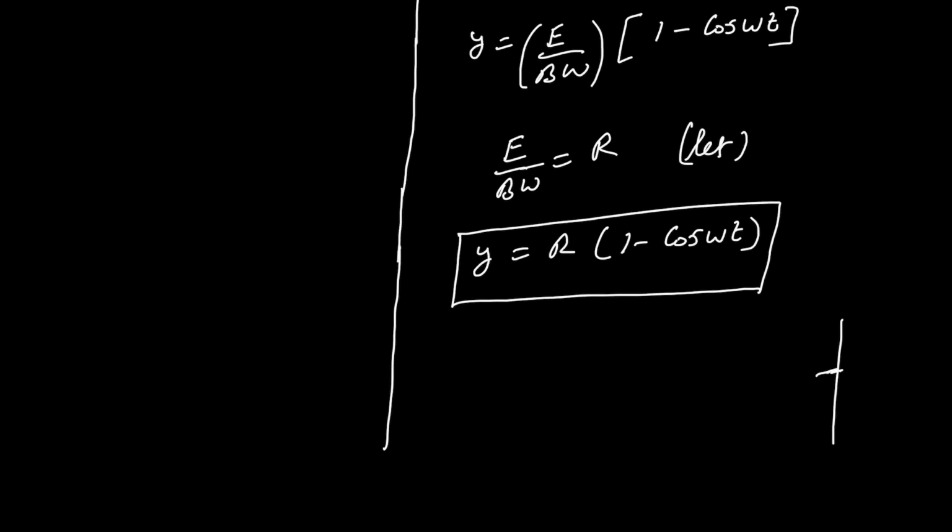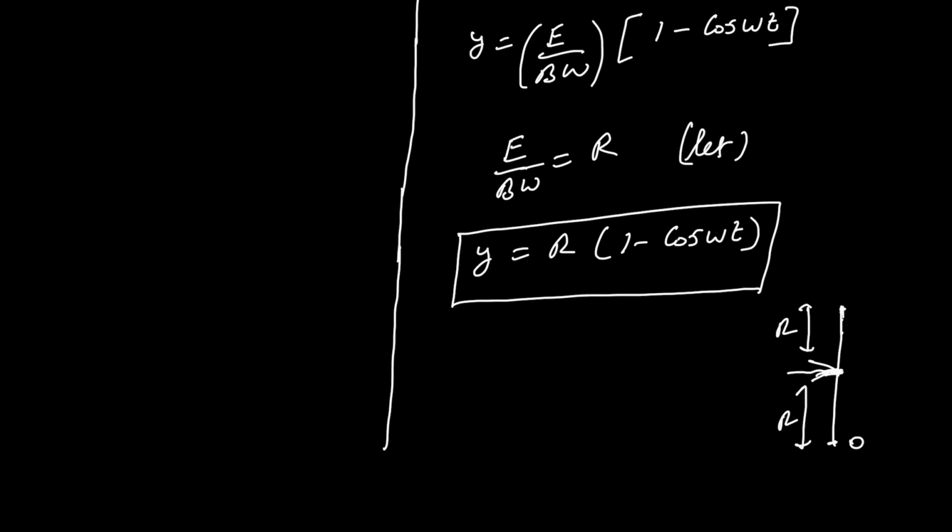If we start from the origin, so this is r as well as this is also r. So we can say it is moving with an amplitude of r, with lowest position 0, mean position r, and highest position 2r. So this is how it is moving.